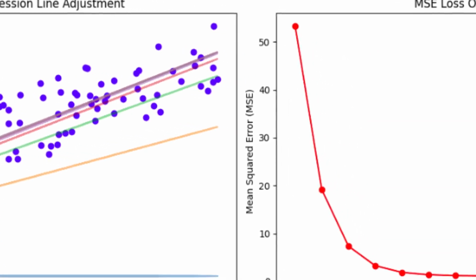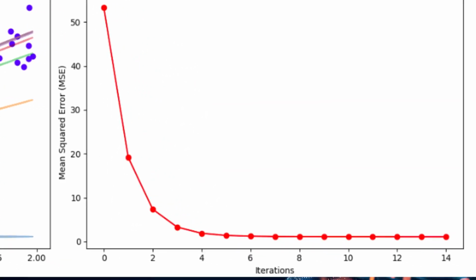On the right, we see the mean squared error plot over the iterations. Initially, the error is high as the line is far from fitting the data. But as we proceed, MSE decreases with each iteration, indicating that the line is better aligning with the data. This steady drop in MSE signifies that our parameters w0 and w1 are converging towards the values that best represent the data.